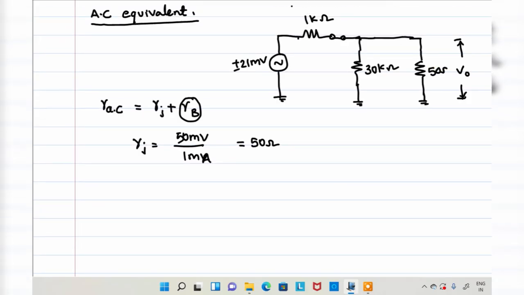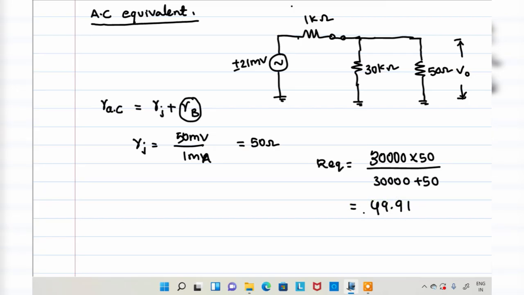In place of the diode, I can write 50 ohms. Once you have the 50 ohm resistance, apply the 21 millivolt and the voltage division rule. Before that, find the equivalent resistance of these two in parallel: 30,000 into 50 divided by 30,000 plus 50, which is 49.91, approximately 50 ohms.